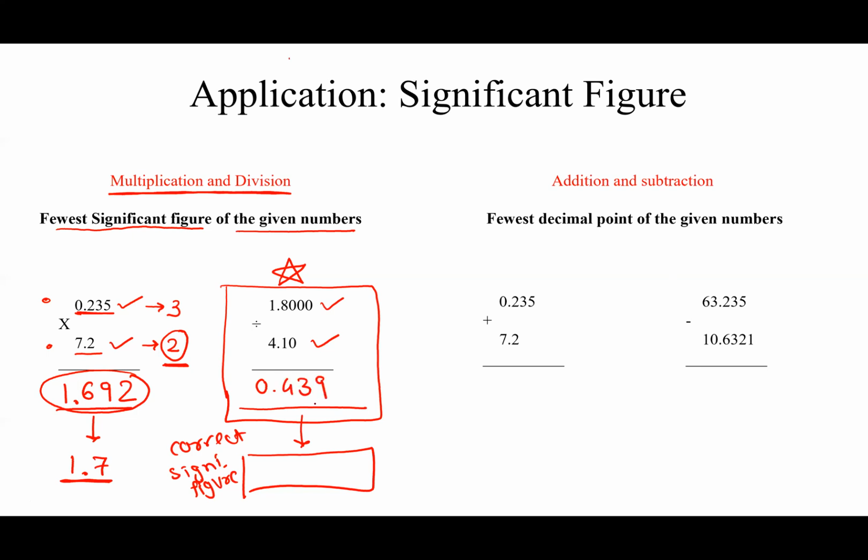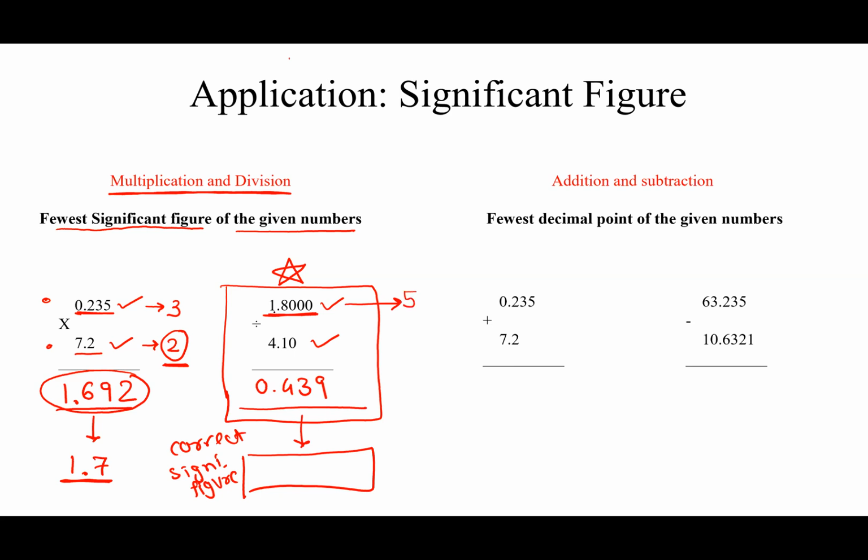Let's say if you get something like this, what we have to do, this is multiplication and division. It means we have to look at the significant figures for each given number. Now I'm going to ask you, how many significant figures do you see in this number? 5. Yes, it is 5. Why?